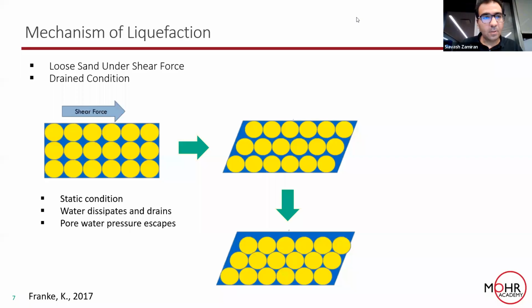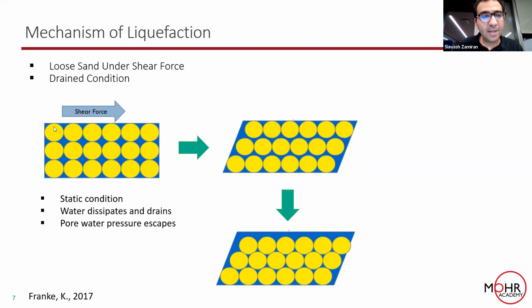Okay, so we'll start from loose sand in drained conditions. Let's say we have a sample of sand layers under shear force, and the sand layer is in a loose condition.